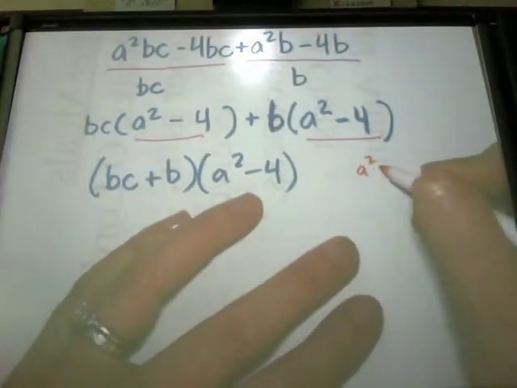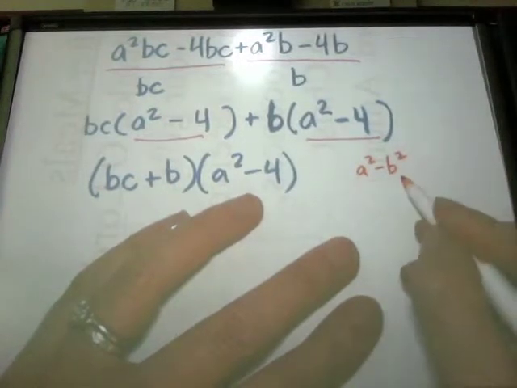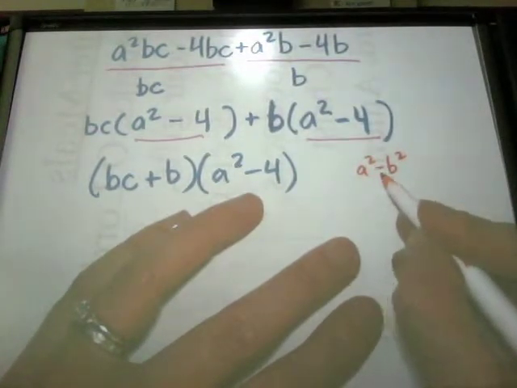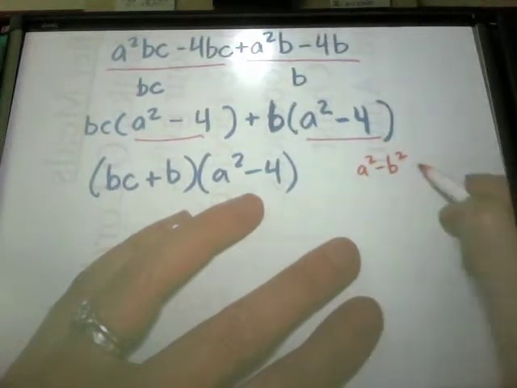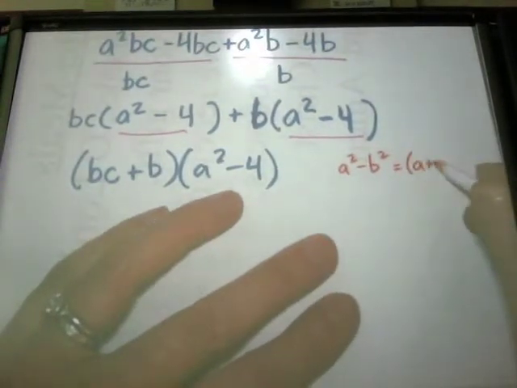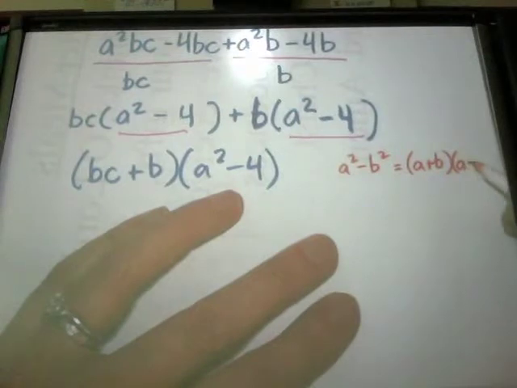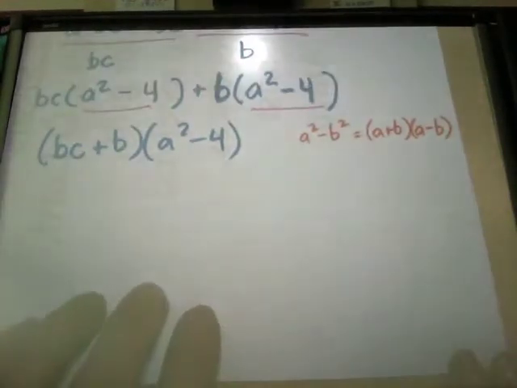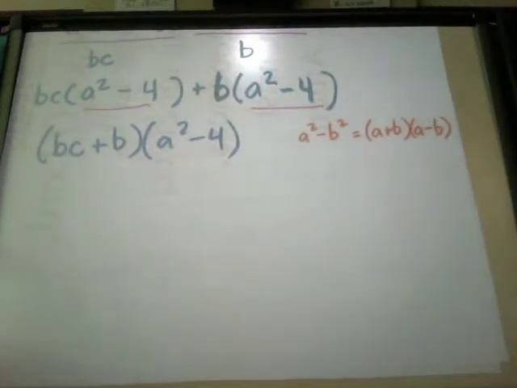If you have a binomial with a minus, a difference of 2 perfect squares, the pattern for this was that it's the exact same thing in the parentheses, but one is a plus and one is a minus. We haven't used this pattern since we did that lesson. So you've got to remember it because it is showing up here again.